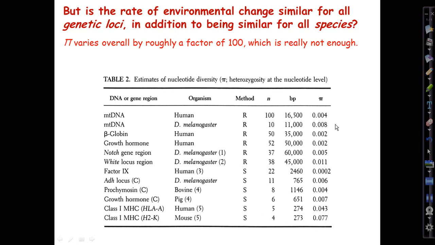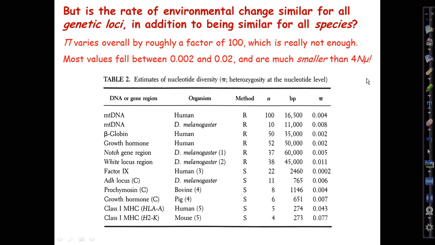More modern data sets would show the same thing, which is that while pi does vary overall by maybe a factor of 100, most of the variation is actually concentrated over a range of about one order of magnitude only, from something like a few tenths of a percent, that would be us, and well, we're even slightly below that, but we're weird, up to maybe 2%.